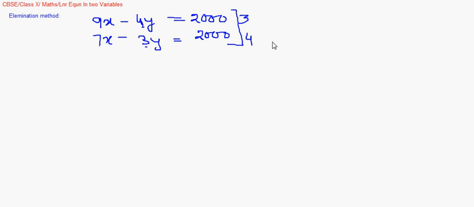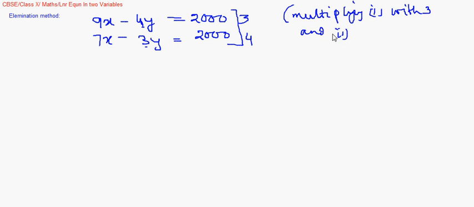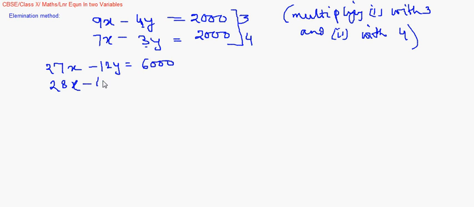Multiplying equation 1 with 3 and equation 2 with 4, the first equation would now look like 27x minus 12y is equal to 6000, and the second would look like 28x minus 12y equals 8000.